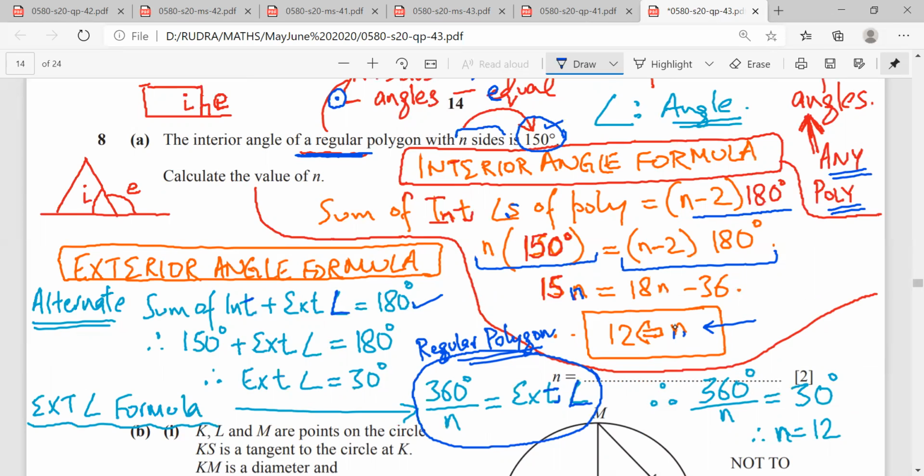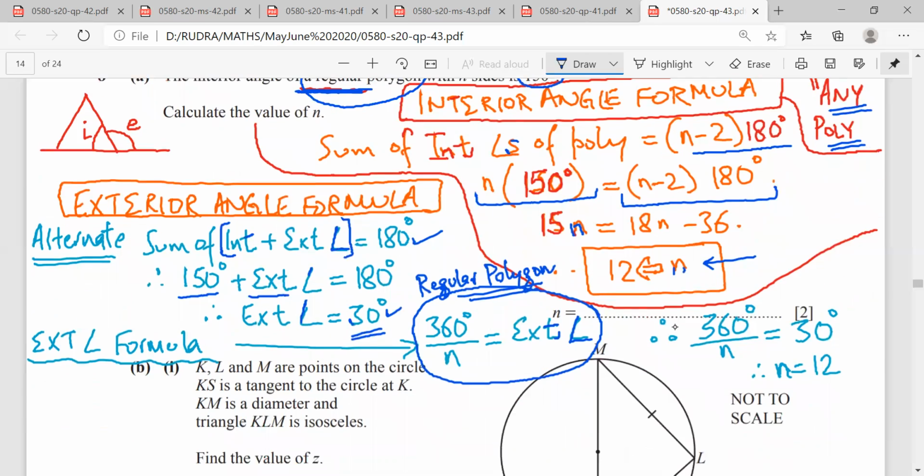Now, if the interior angle is 150 degrees, the exterior angle would be 30 degrees. Why? Because the sum of the angles is 180, so I get the exterior angle to be 30 degrees. So for this regular polygon, each exterior angle would be equal to 30 degrees.